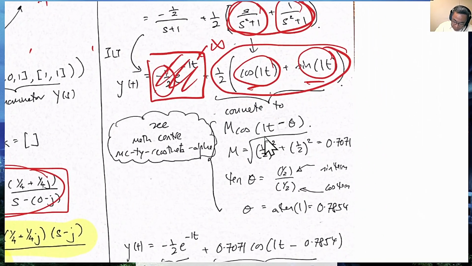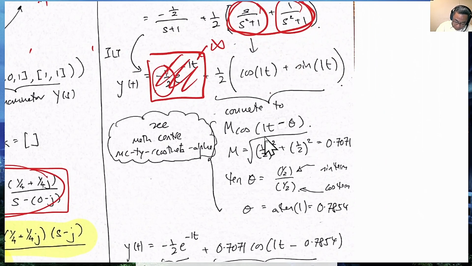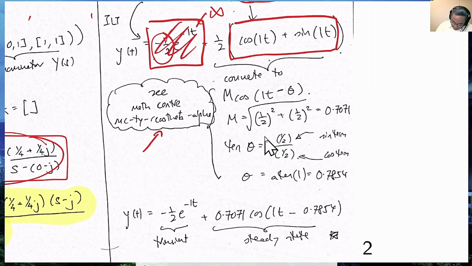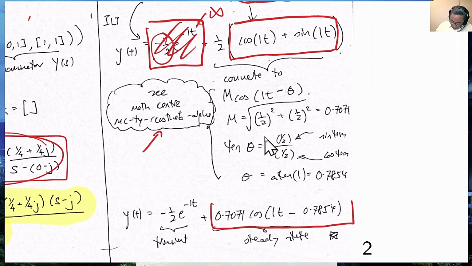Right. So remember your sum of angle rule. You can change this expression into this expression here. It has a magnitude and a phase shift.